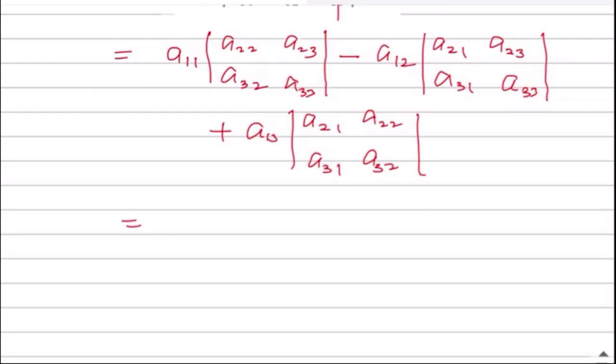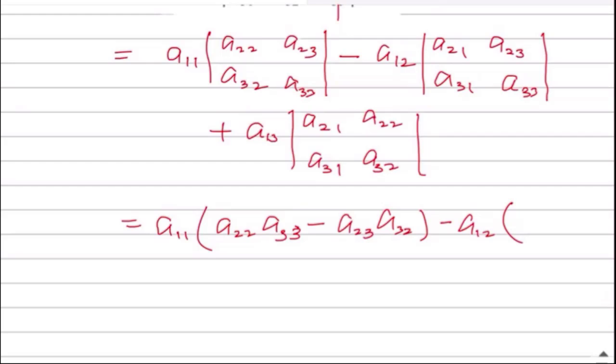So this is equal to A11 and this 2 by 2 order determinant we will expand. So we have A22 into A33 minus A23 into A32, minus A12 and this expanded by order 2 by 2.